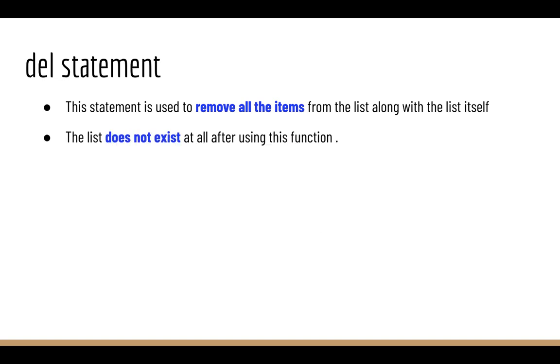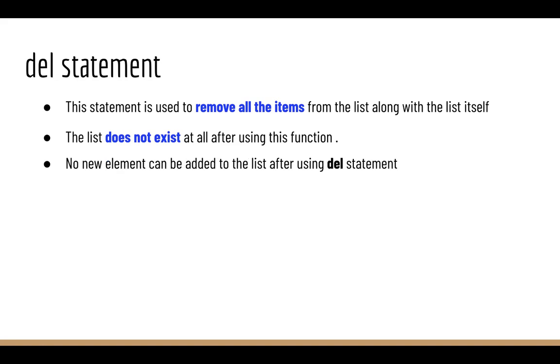The list does not exist at all after using this statement. No new element can be added to the list after using the del statement. Obviously, since the list will not exist, how can I add a new element here?